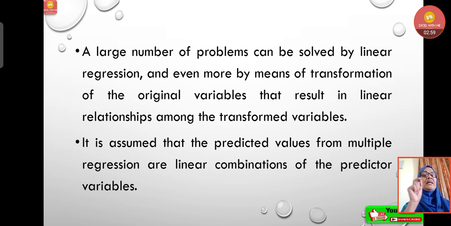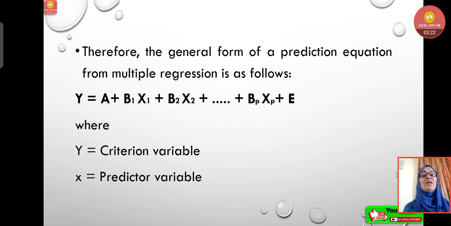That means a large number of problems are solved through this linear. If it is a straight line, then that is linear. If it has a curve, then it will become non-linear. Therefore, the general form of a prediction equation from multiple regression is as follows.